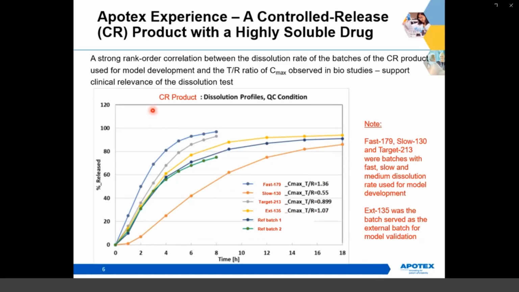As you can see, this figure demonstrates a strong rank order correlation between the dissolution rate of the batches of the CR product used for the model development and the corresponding TR ratio of Cmax observed from the bio studies. This strong correlation supports the clinical relevance of the dissolution test.